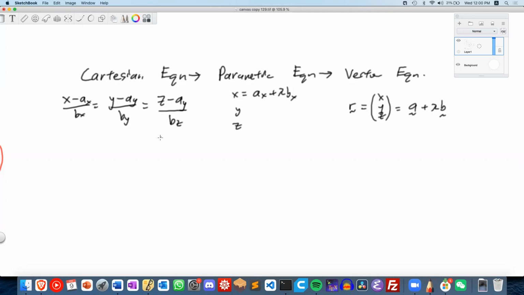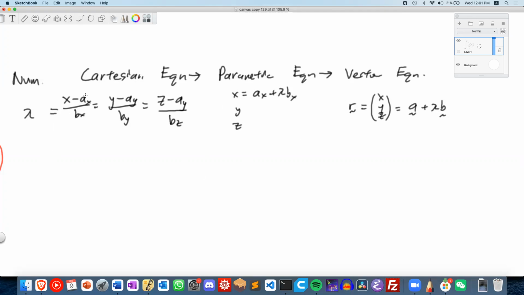So today we'll be learning how to convert a Cartesian equation to a parametric equation. First, let's do it numerically. How do you do it numerically? It's actually rather simple. We just let this entire expression equal lambda. Then from here, we make x, y, and z the subjects of the formula in terms of lambda.